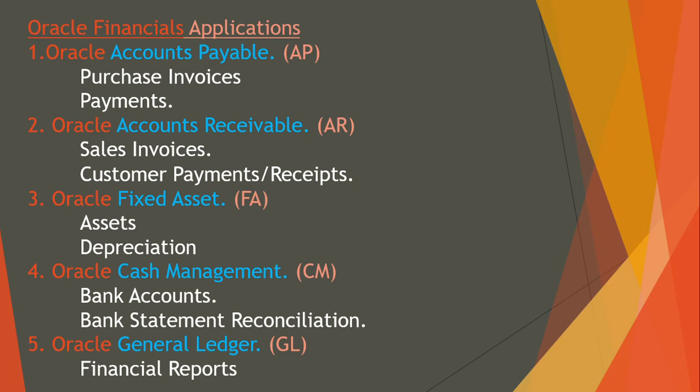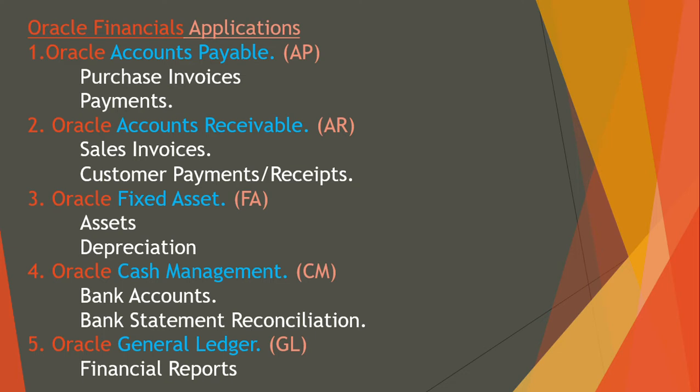This is whereby once as an organization you procure or purchase something from a supplier, you record the information in the purchase invoices, or you receive invoices from a supplier. So these invoices have to be captured in the accounts payable department. These are accounts that you are supposed to be paying as an organization.